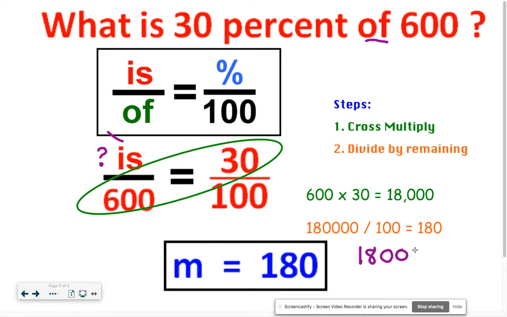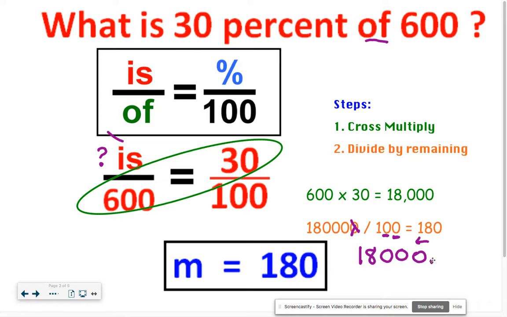If we had the number 18,000, my example had one too many zeros, sorry about that. All we have to do is move the decimal in 2 places. Because we're dividing it, we're moving our decimal to the left.